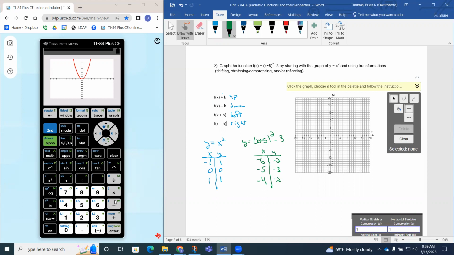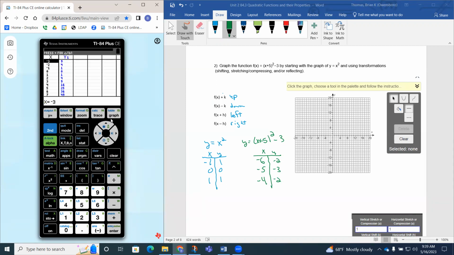So again, if I was using my graphing calculator, I go to y equals and put that parent function in, x squared, and then clear. If you look at the table, there are many ordered pairs there, but notice there's that -1, 1, 0, 0, 1, 1. Those are the 3 that we're identifying because they're the easiest.